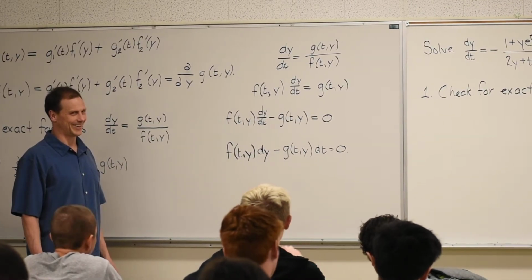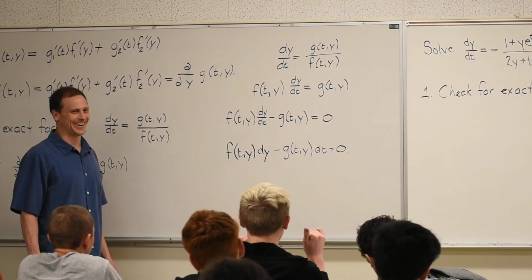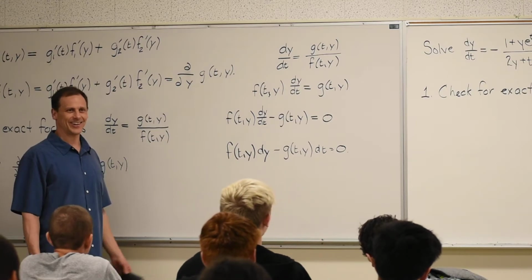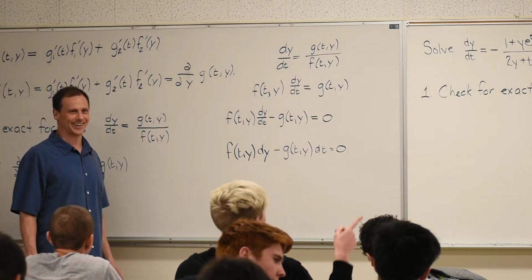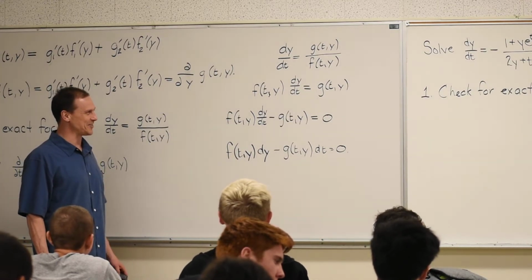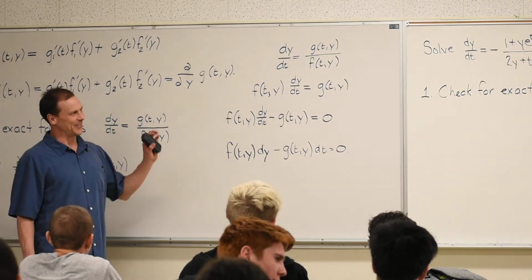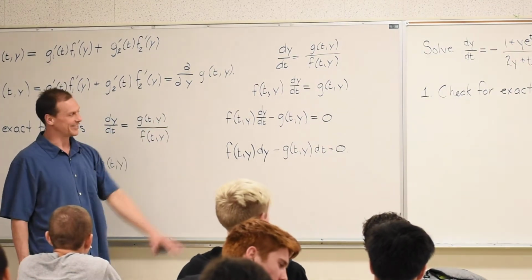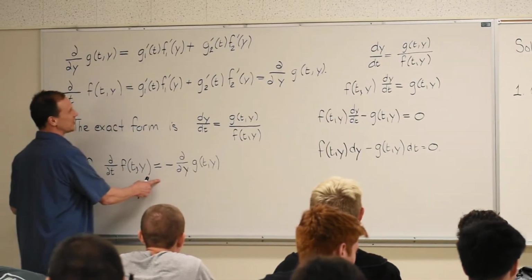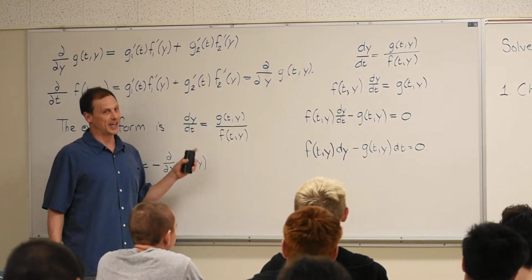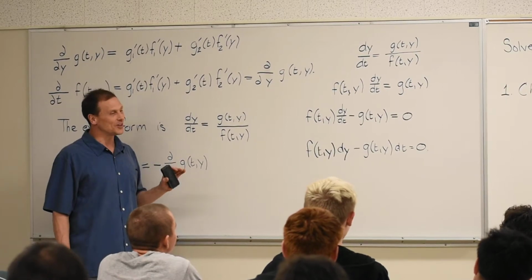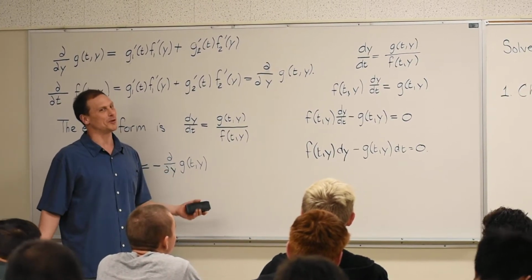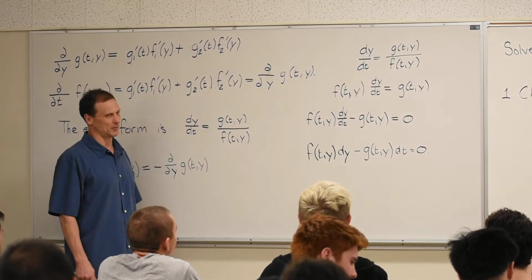But if whatever the heck is true, then we can do it. Yes, you got it. So if all that holds, then we can still solve this problem that can't be separated, but it's still written in a form that looks separable.